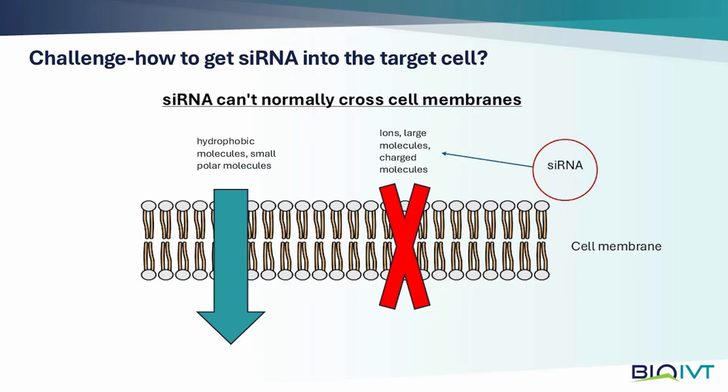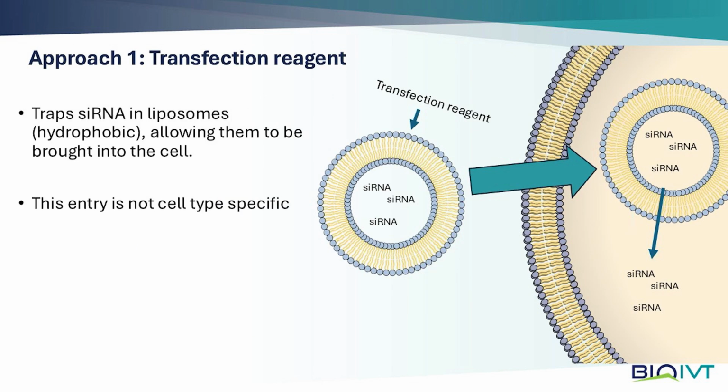And so we know the challenge of getting siRNA into the target cell is that they don't normally cross cell membranes. They're large molecules and also charged molecules, so they need a little bit of help to get into the cell. The first approach that we had used was using a transfection reagent.